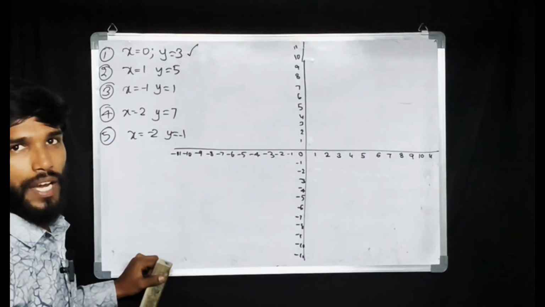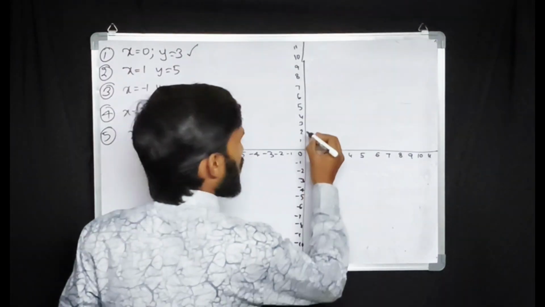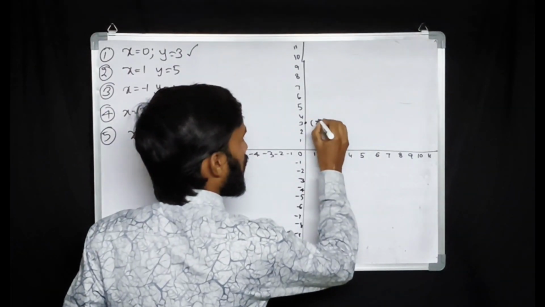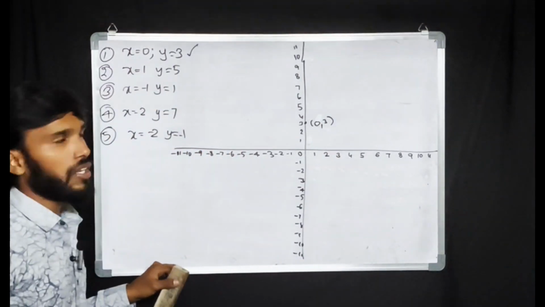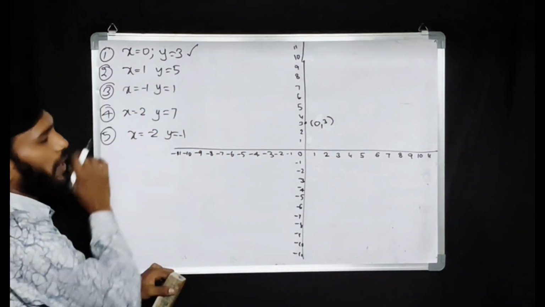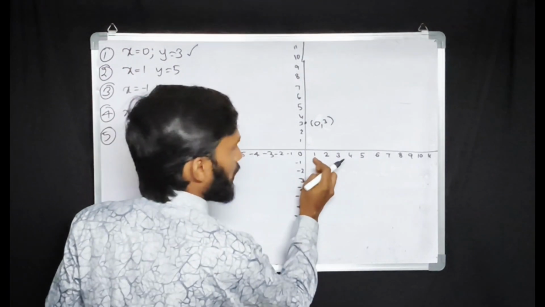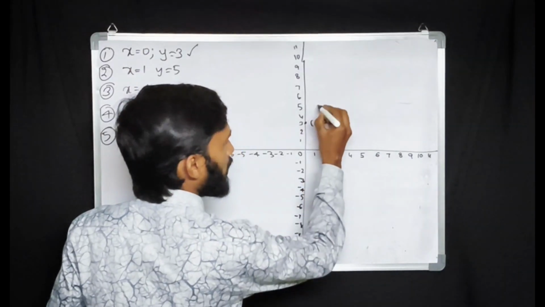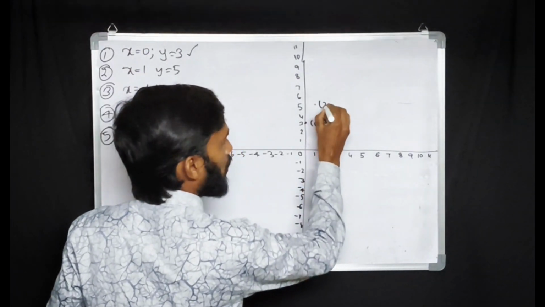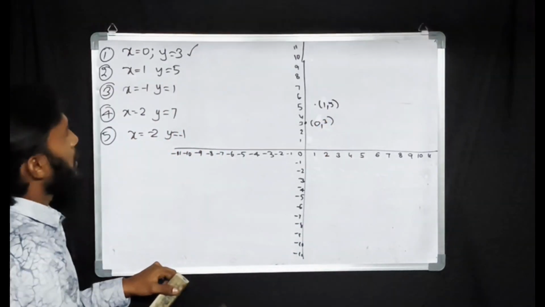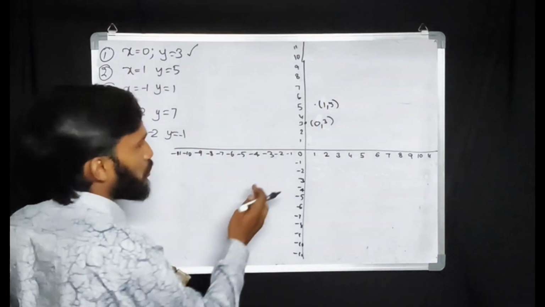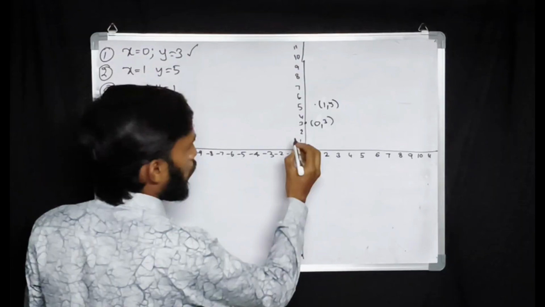x is equals to 0, y is equals to 3. That means the point (0, 3) is here. Next, x is equals to 1, y is equals to 5, is here. Third point, x is equals to minus 1, y is equals to 1, here.